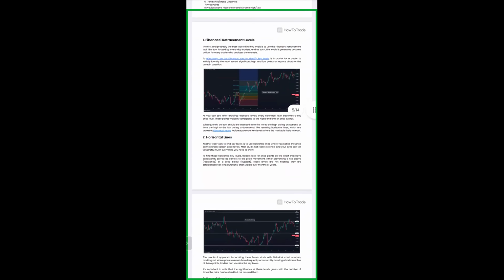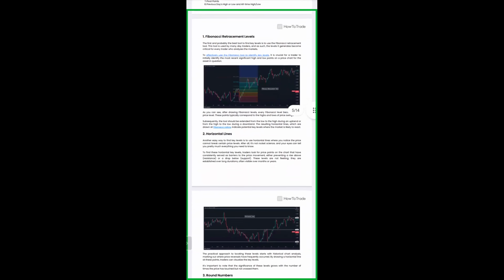And then we also have what we can use as just merely drawing horizontal lines.